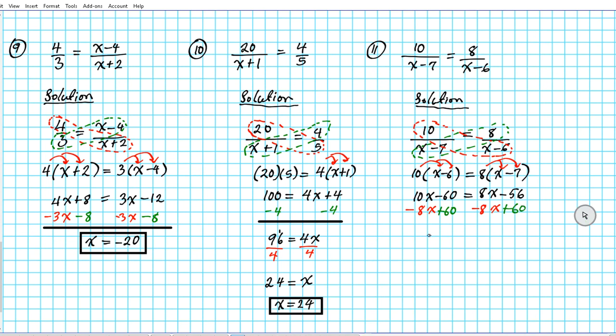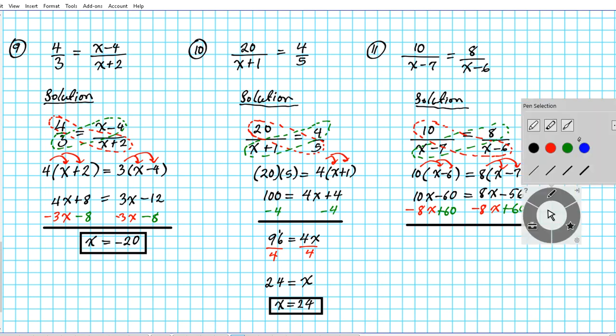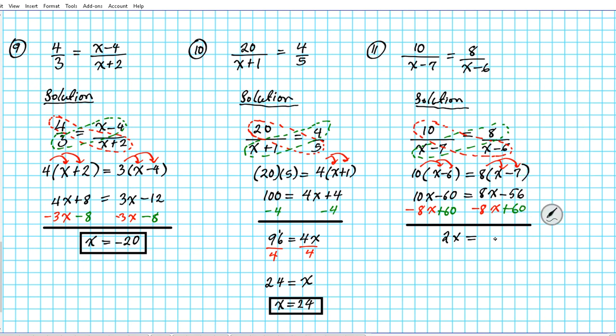Alrighty, so if we do that, we're going to have the variables on the left and the constants on the right. On the left, 10x minus 8x, we yield 2x. Minus 60 plus 60 adds up to 0. And then minus 56 plus 60, subtract and keep the sign of the bigger, which is positive, so you have equals 4.